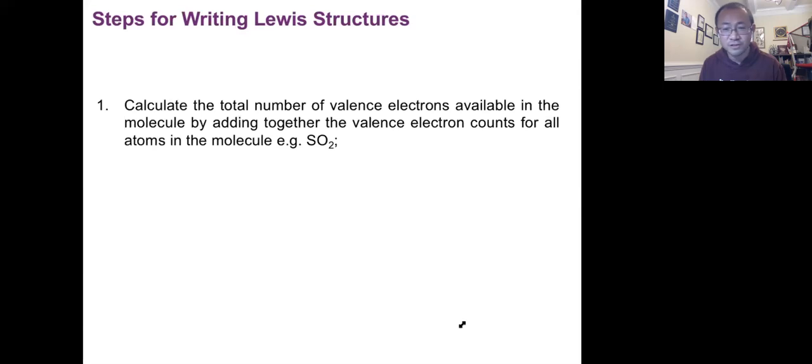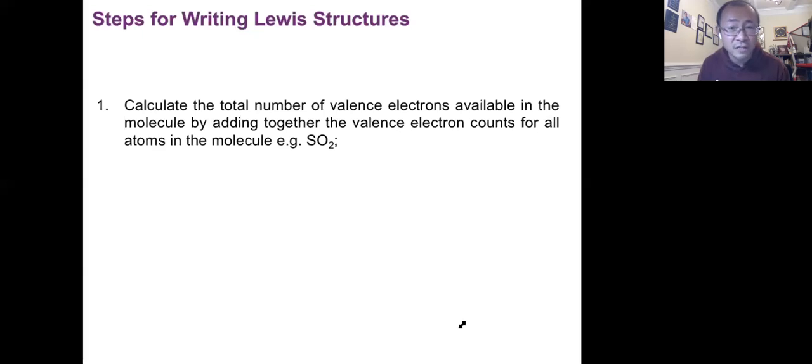Without it, you cannot do anything else from now on. Step 1: calculate the total number of valence electrons in a molecule.